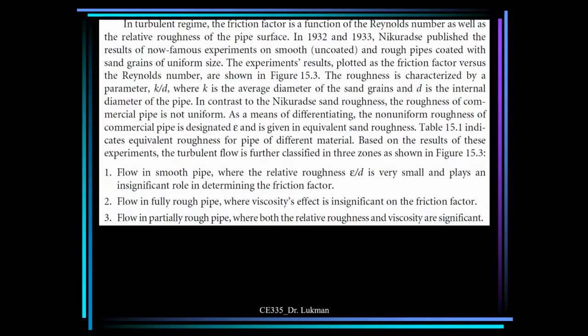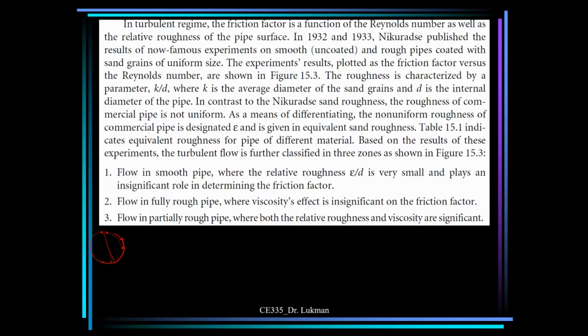The roughness is characterized by a parameter k over D, where k is the average diameter of the sand grains and D is the internal diameter of the pipe. The pipe is coated with sand grains to represent the roughness within the pipe.